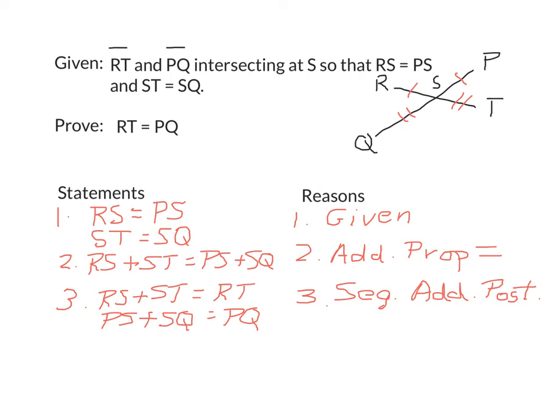All right, and then lastly, if you look at step 2 and step 3, you can see pretty clearly that RT must equal PQ, and the reason for that is substitution, or the substitution property.